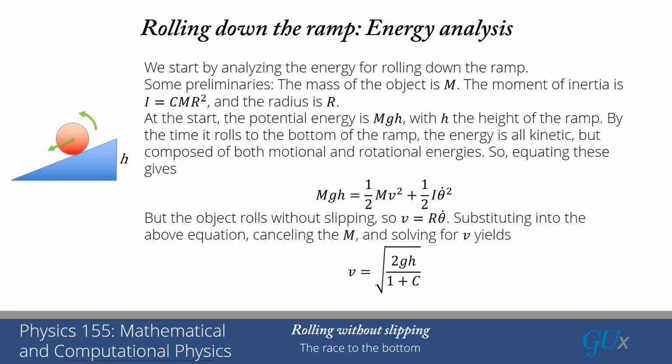One other point I want to make is if we were comparing objects with different heights, we have actually done an approximation here. The height that should go into that energy formula should be the height of the center of mass. We took that to be the height of the incline, but it's really the height of the incline plus whatever the height of that center of mass is above the incline.